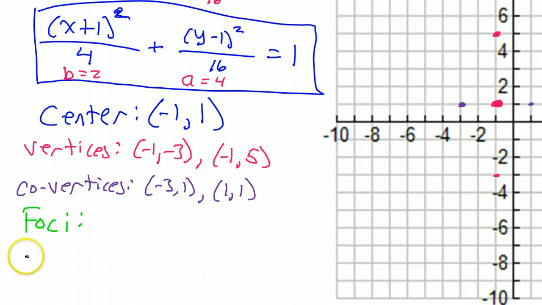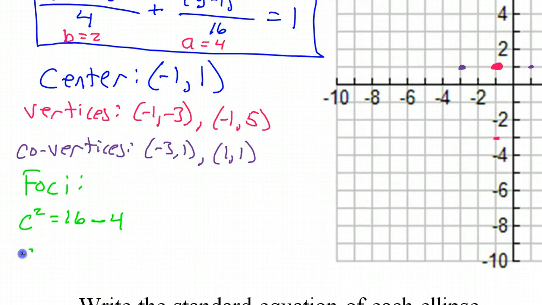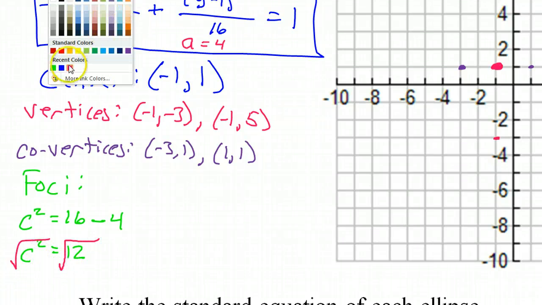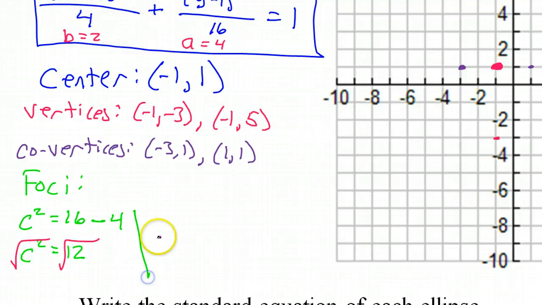Okay, so look, we know that c squared is equal to a squared, which is 16, minus b squared, which is 4. That tells me that c squared is equal to 12. So if I take the square root of both sides, I get that c equals the square root of 12.